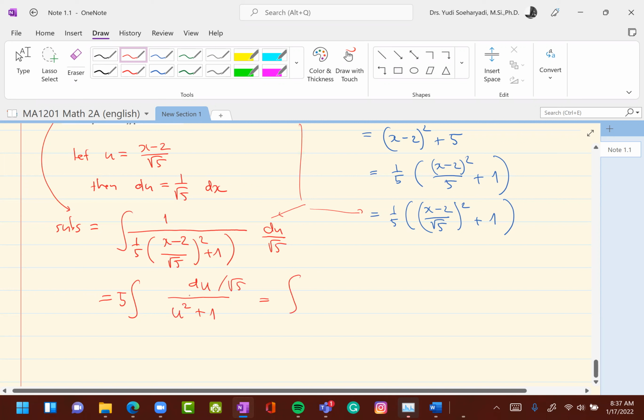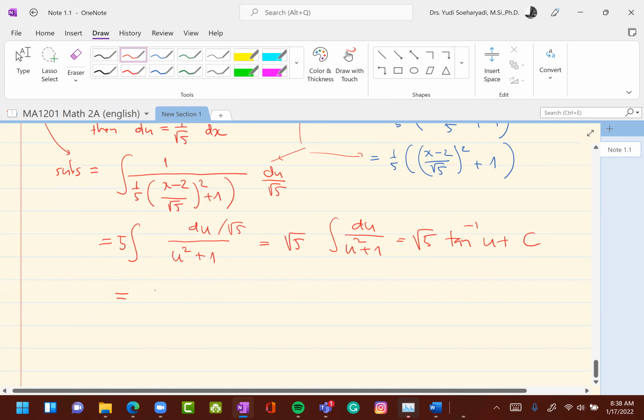Okay, so you have square root of 5. So 5, tan inverse u. Then u here is there.